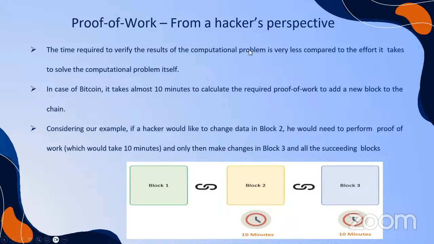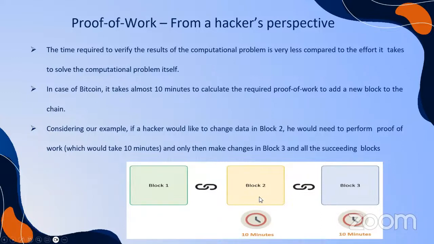In the case of Bitcoin, it takes almost 10 minutes to calculate the required proof of work to add a new block to the chain. Considering our example, if a hacker would like to change the data in block 2, he would need to perform proof of work, which would take 10 minutes, and only then make changes in block 3 and all the succeeding blocks.